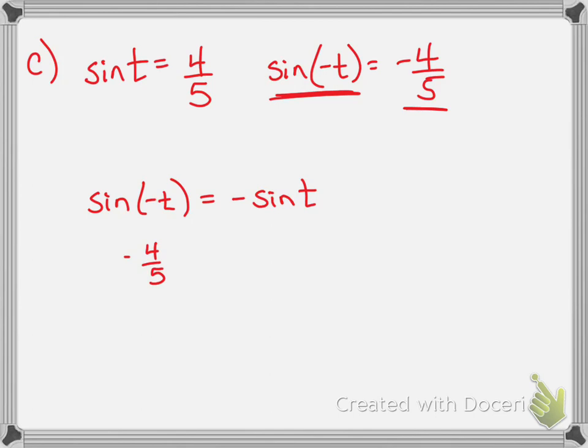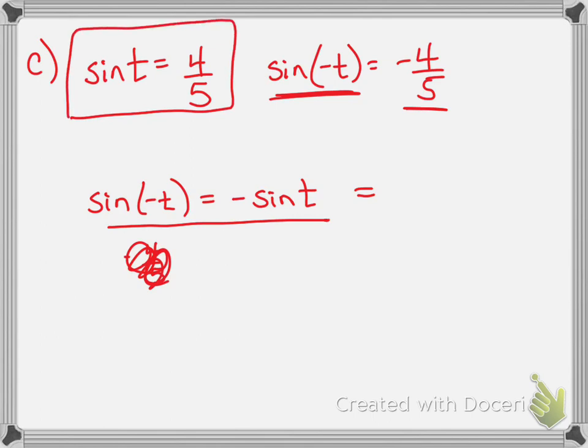is that how I want to go about it? Let me not go there yet. If this is by the definition or the rule, then let me go at what they gave us originally. That's the negative of whatever the sine of t is. And the sine of t is 4/5.